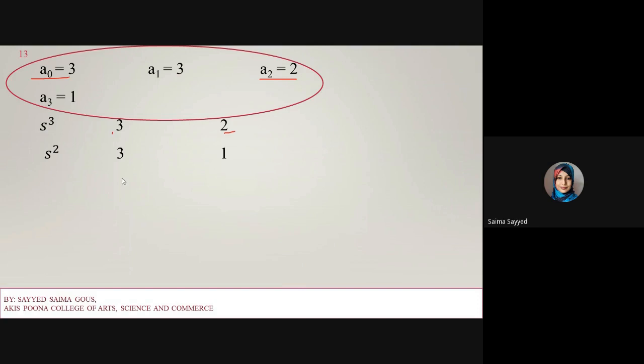Now to find out b1, the formula is (a1 into a2 minus a0 into a3) divided by a1. So here, 3 into 2 minus 3 into 1, divided by 1.